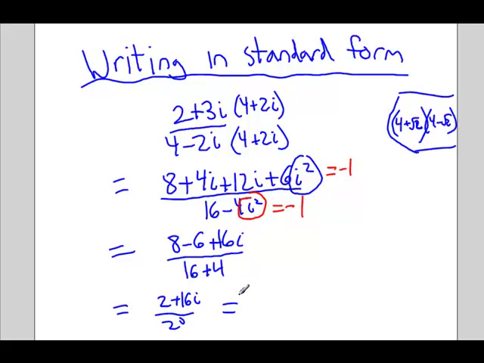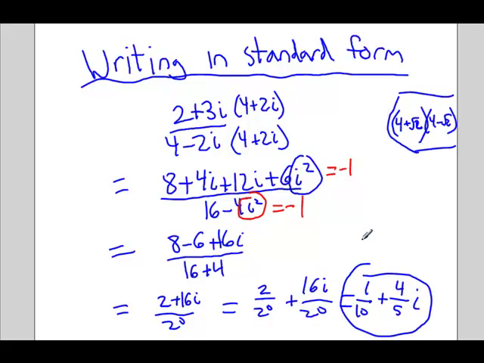That is equal to 2/20ths plus 16i over 20, which is 1/10 plus 4/5 times i. Boom. Standard form, a plus bi. Just like when we were rationalizing denominators, you're multiplying the denominator by its conjugate.